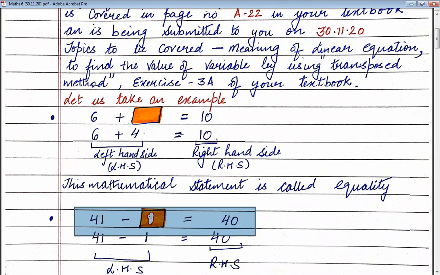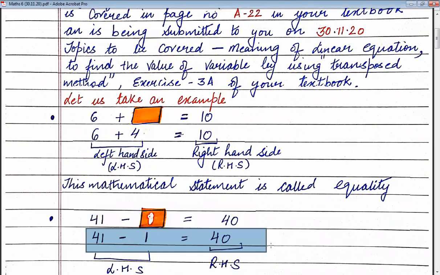What should be subtracted from 41 so that your answer is 40? 1 should be subtracted from 41 so that your answer is equal to 40. So your mathematical statement will become 41 minus 1 is equal to 40.